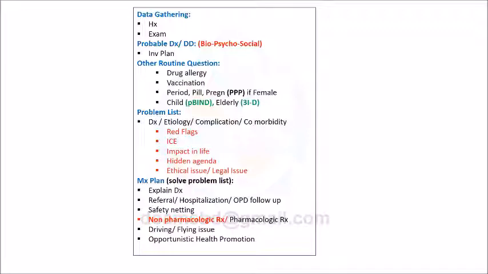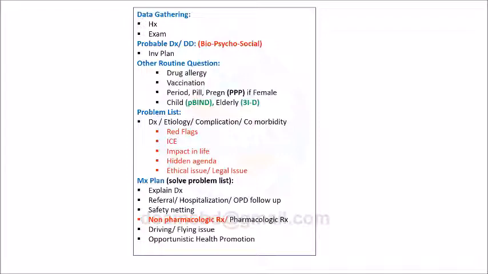Additionally, driving and flying. Sometimes in the history it is mentioned that the patient is a driver. But some diagnoses need us to know whether the patient is driving or not. For example, if you are diagnosing epilepsy, we must know about the driving profession.